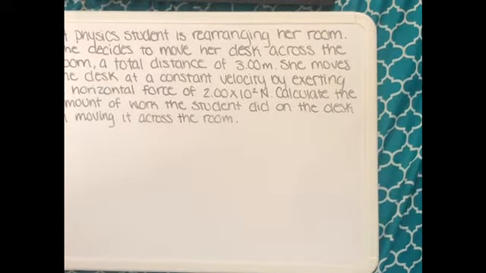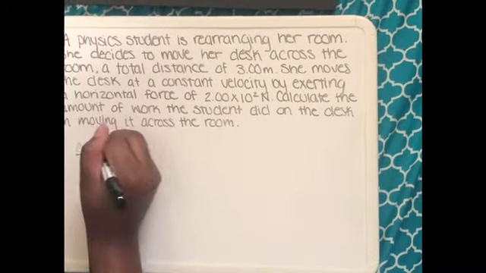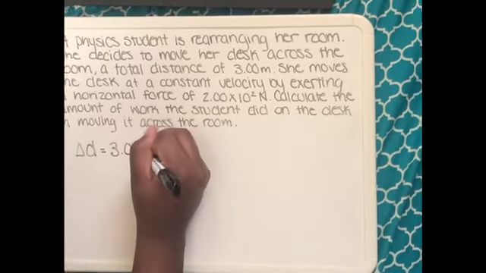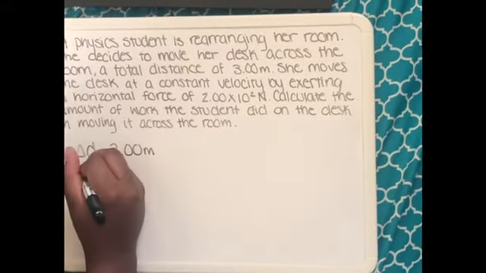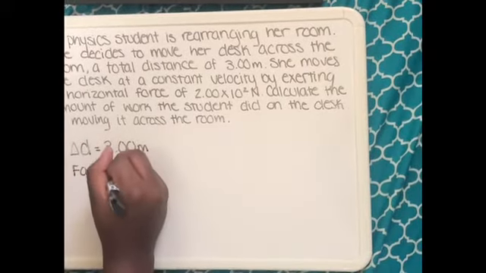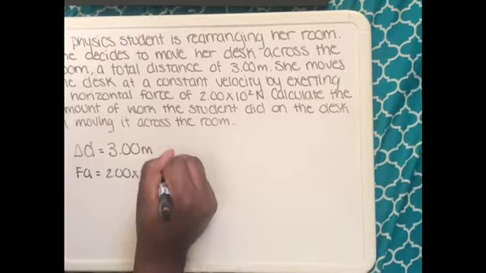So first you want to put out what you know. We know that ΔD is equal to 3.0 meters. We also know that the force applied is equal to 2.00 × 10^2 newtons.